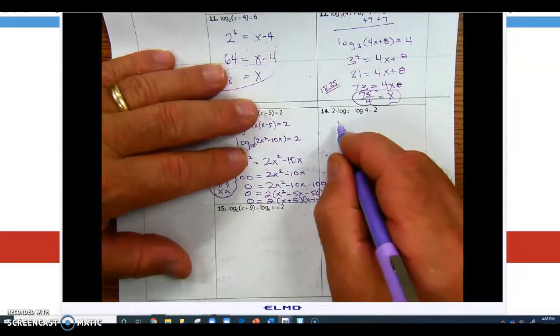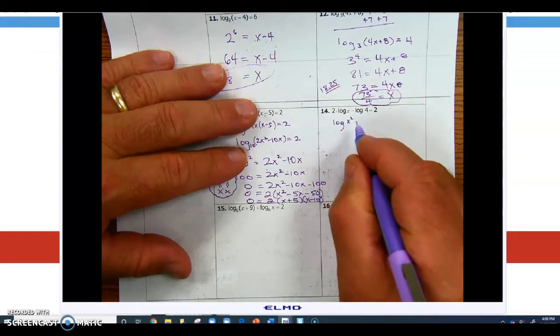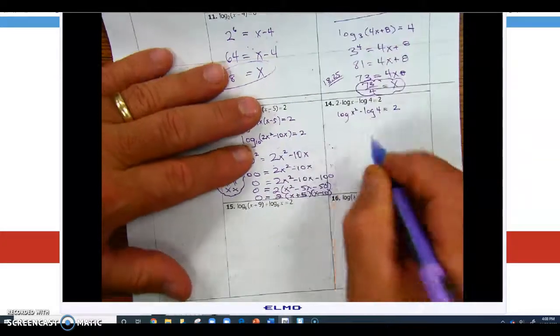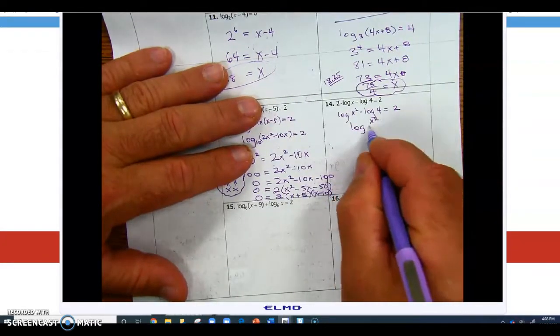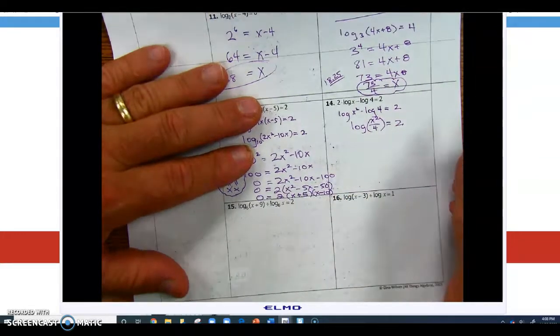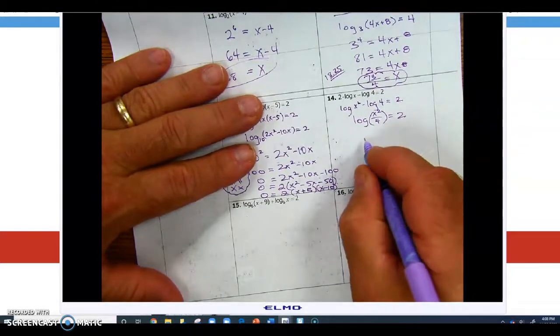Here, log of x squared minus log of 4 equals 2. Log of x squared divided by 4 equals 2. Now we've got to convert this into exponential form.